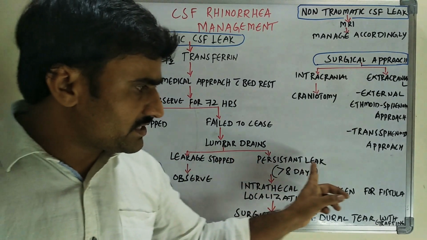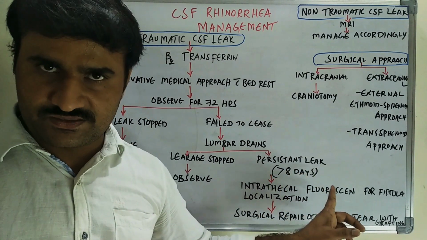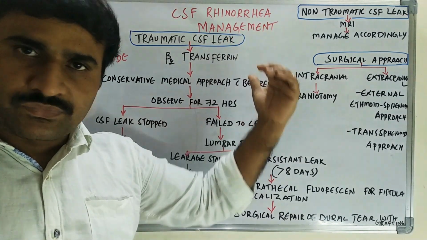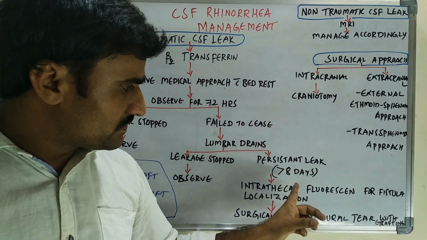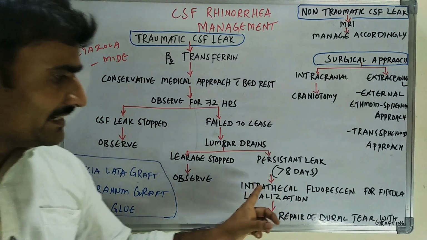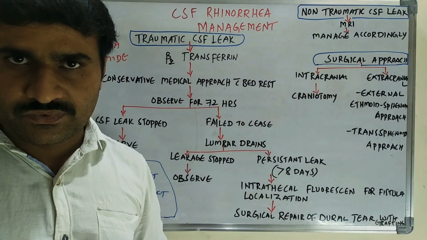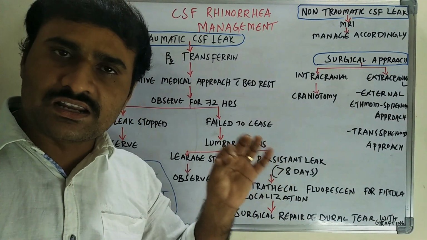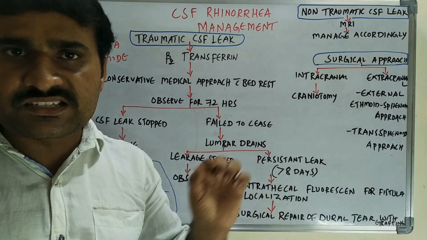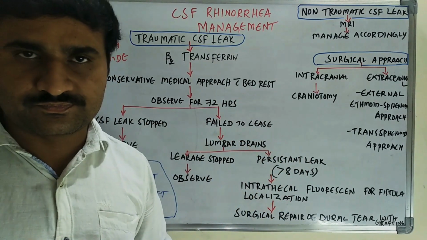If there is persistent leakage, that means above the 8 days from the time of trauma, if there is persistent leakage more than 8 days, then we should go for intrathecal fluorescence for fistula localization. That means if there is persistent leakage more than 8 days, then we should go for surgical therapy, surgical repair of dural tear along with the grafting.